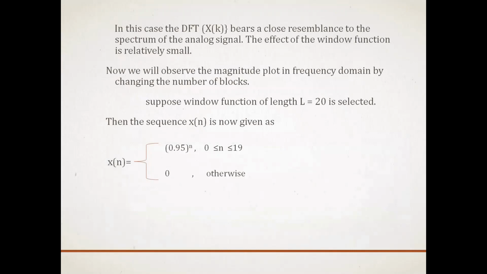Now, we will observe the magnitude plot in the frequency domain by changing the number of samples in the block. Suppose a window function of length L equals 20 is selected. Then the sequence x(n) is now defined as (0.95)^n when n lies between 0 and 19, otherwise it's 0.